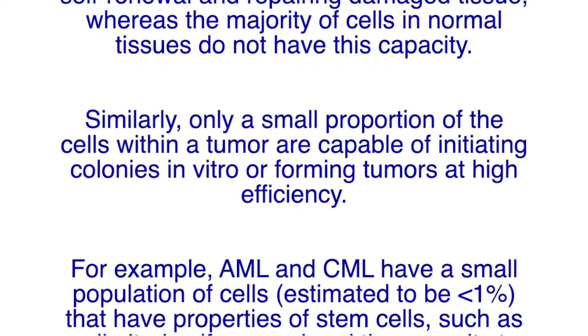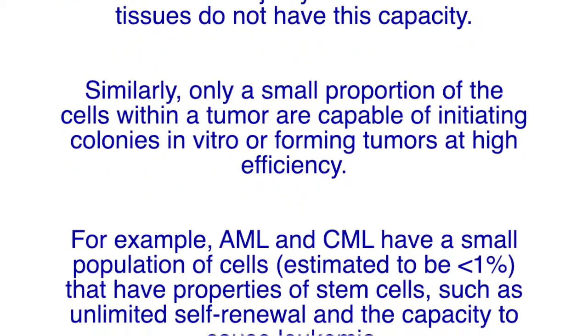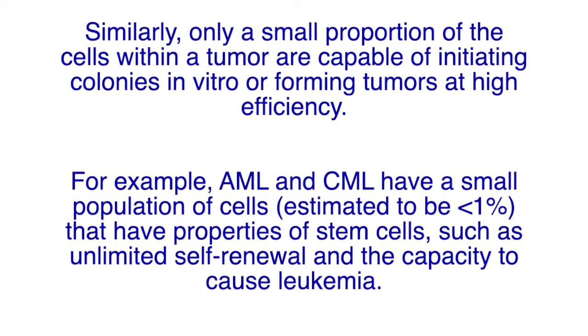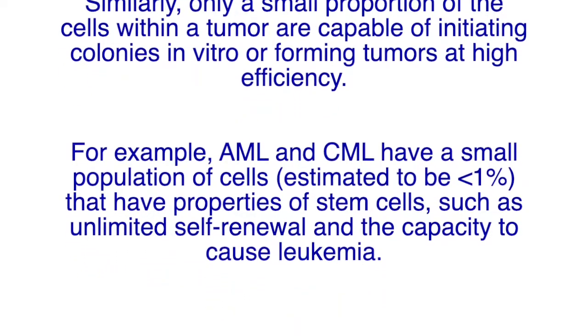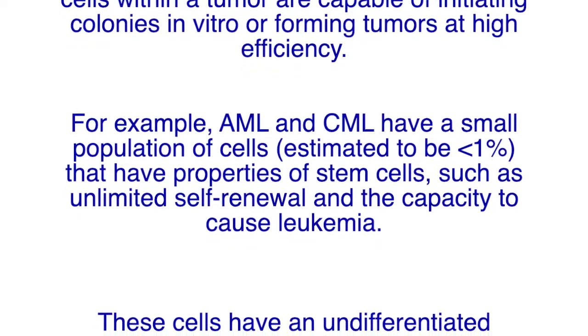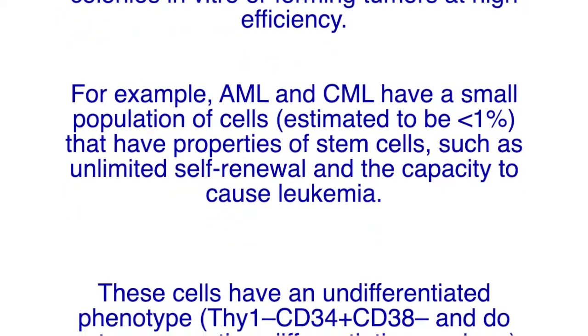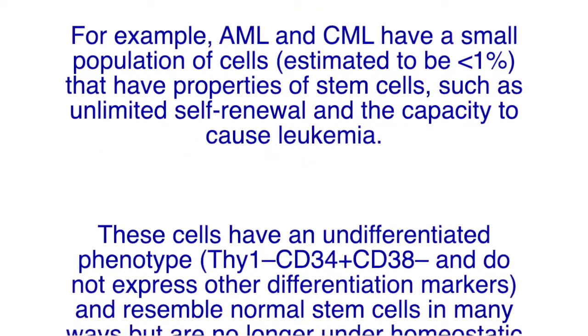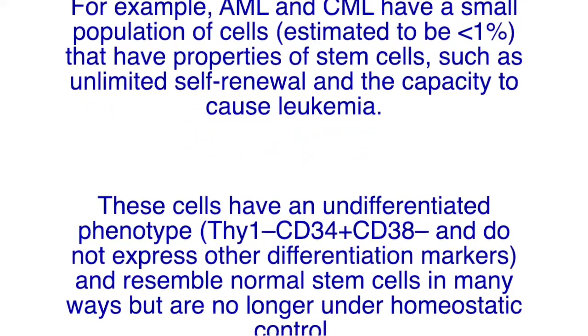For example, AML and CML, that is acute myeloid leukemia and chronic myeloid leukemia, have a small population of cells, estimated to be less than 1%, that have properties of stem cells, such as unlimited self-renewal and the capacity to cause leukemia.